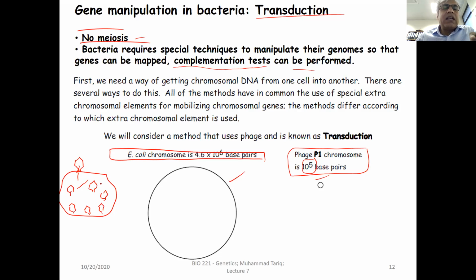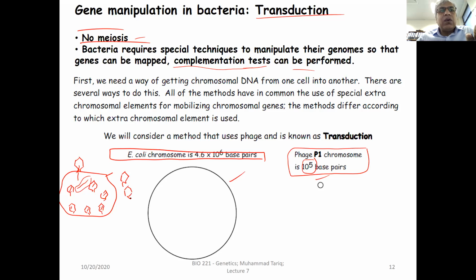Without integrating into the bacterial genome, its genome gets transcribed and translated, its proteins are assembled, and then it packages its genome. It bursts open, kills the bacteria, and many phages are released.